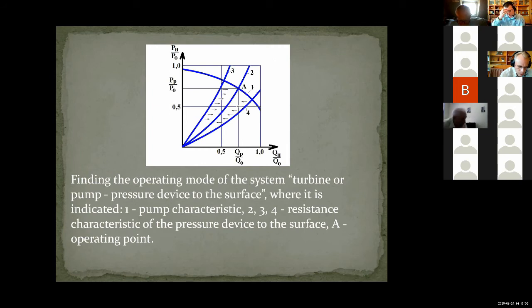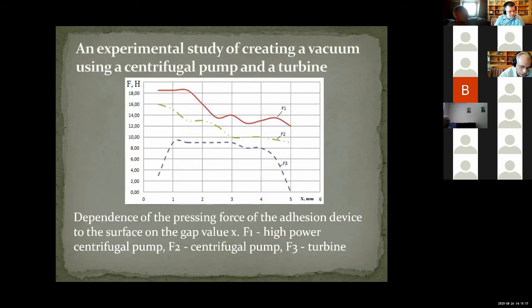The inclusion of the pressure feedback corresponds to the adaptive mode of operation, when as a result of controlled adaptation, graphs 3 and 4 come close to graph 2, and their combination determines the completion of adaptation. According to the results of experimental studies, the effective value of the force of pressing the robot to the movement surface was determined for the gap X in the range from 0.5 mm to 5 mm.